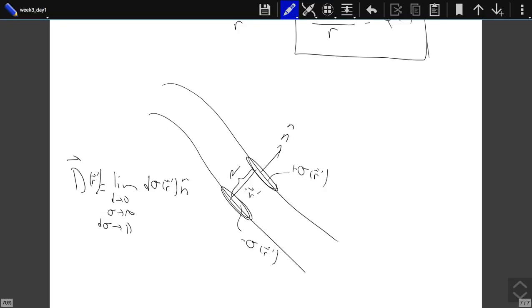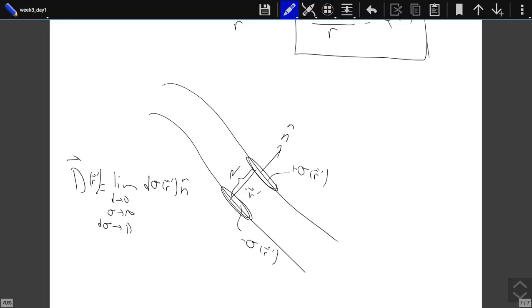So what are the assumptions we are making here? Well, we are taking that limit. In every case, we are taking that limit. Here it's not uniformly distributed.